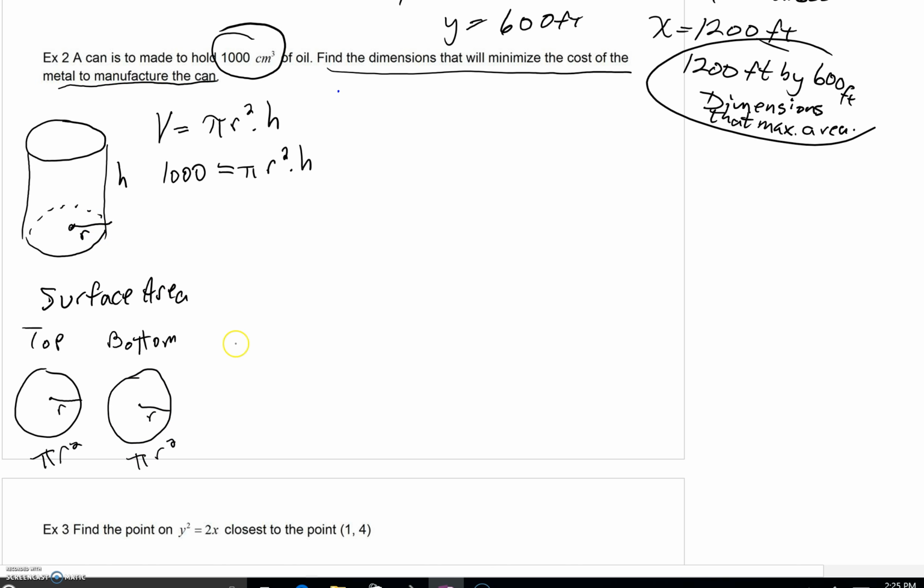And then you've got the lateral, the smooth edge around. What kind of a shape is that? It's a rectangle. If you cut a soup label, and if you unfold that soup label, you'll get a rectangle, won't you?